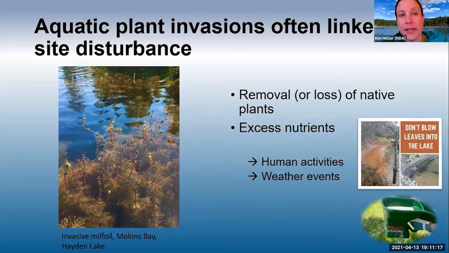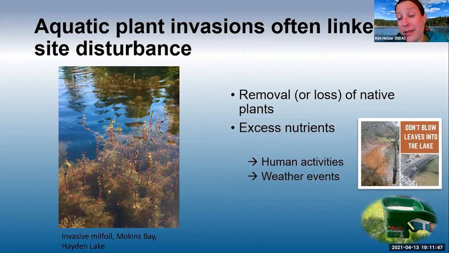What's also important to think about when you're trying to strike this balance and have a healthy native plant population is that invasive species on the land and in the water take advantage of disturbance. They take advantage of natural and artificial disturbances. And one type of disturbance is a removal or loss of the native plants that opens up lake bed real estate for them to just take off and flourish.